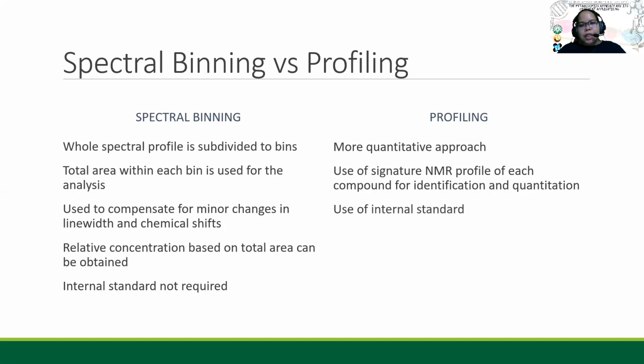Usually this quantitation is based on the internal standard. It is known that with NMR you can get a linear response using an internal standard for the purposes of quantitation of your metabolite signals or compound signals. It can account for overlapped metabolites also.